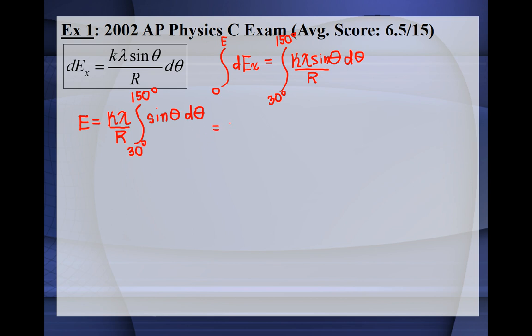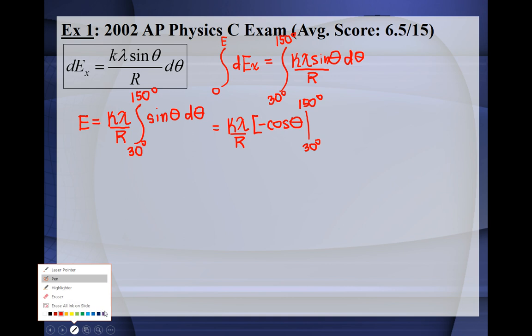So this would be equal to K times lambda over R, and then negative cosine of theta, evaluated from a lower limit of 30 degrees to an upper limit of 150 degrees. Again, if you're ever not sure you did these antiderivatives correctly, you can always find the derivative and see if you get back to where you started. The derivative of cosine is negative sine, so that would be a negative times a negative sine, and that would leave you with sine of theta again.